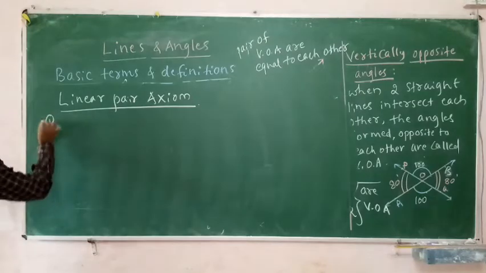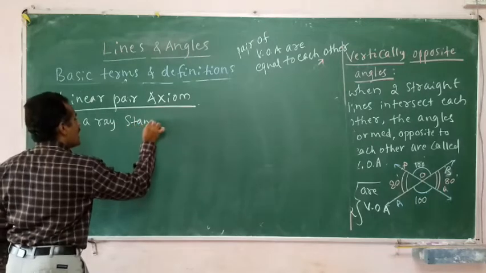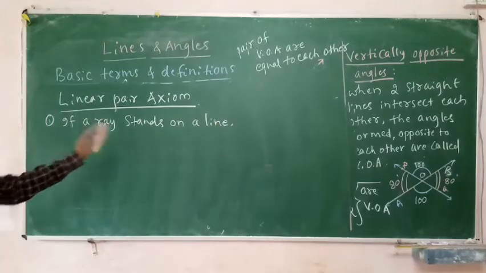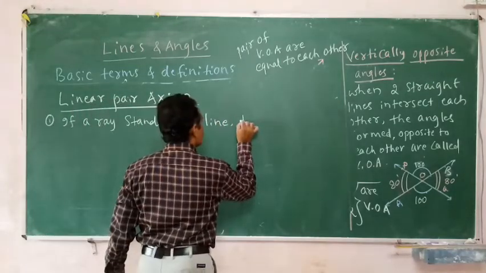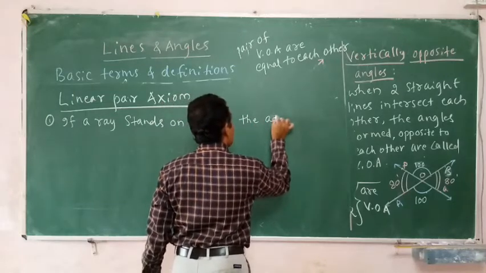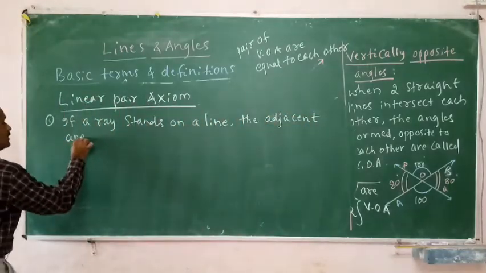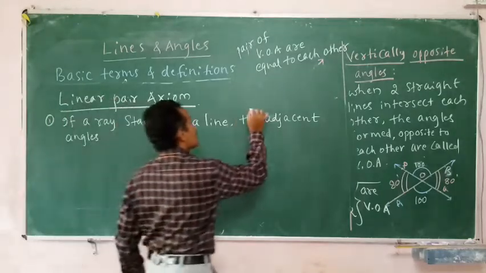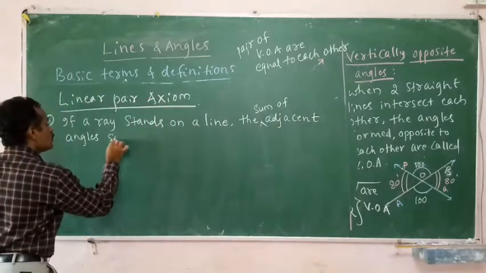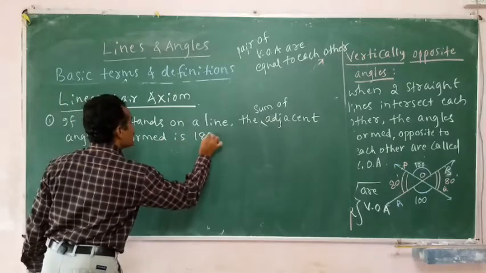The first axiom: if a ray stands on a line, the sum of the adjacent angles so formed is 180 degree.